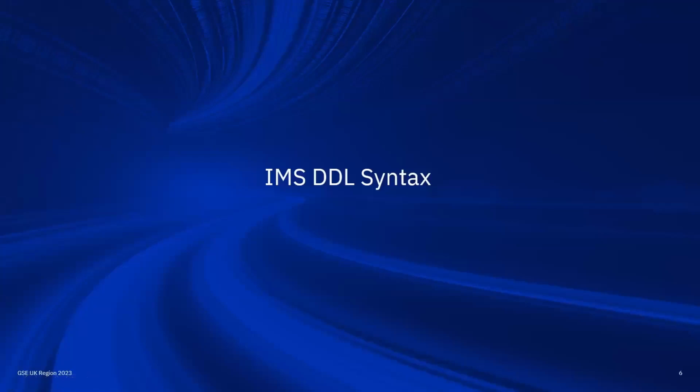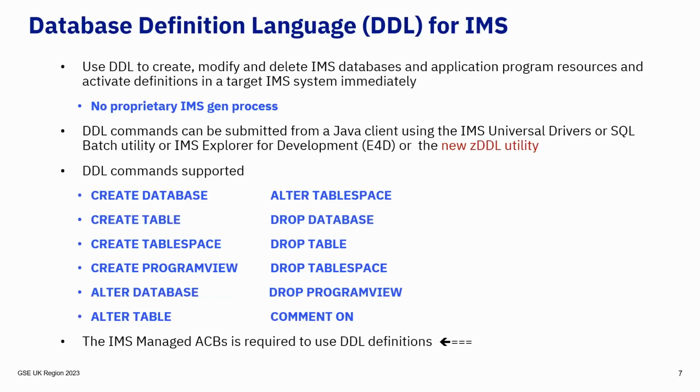Let me talk about the DDL syntax a little bit, and then we'll get into ZDDL. So DDL can be used to create, modify, and delete IMS databases and application program resources. By that we mean PSBs. You don't have to go through this PSB gen, DBD gen, ACB gen, this proprietary IMS gen process.